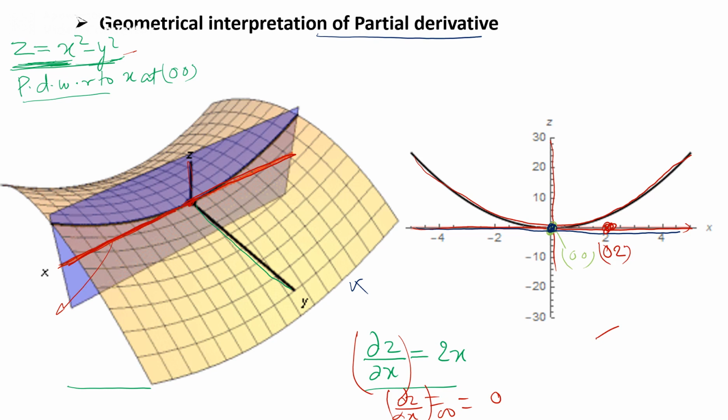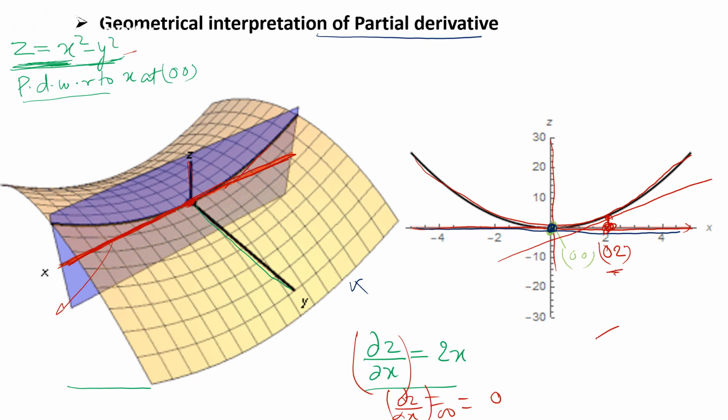It means the tangent passes through that different point. You have to remember that this is a tangent line passing through the origin, and if you evaluate the partial derivative at (0, 2), the tangent passes through that different point.